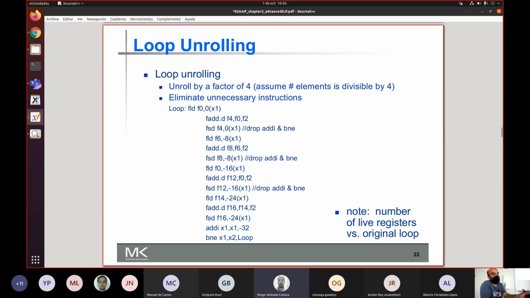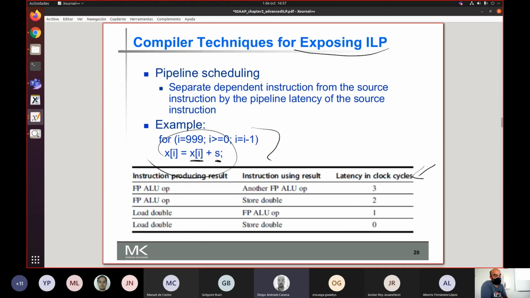Loop unrolling is the idea that if I have this loop, I'm going to rewrite it in a way that in each iteration of the loop, I'm going to process several elements. So for instance, if the unroll factor is 4, I'm going to make a quarter of the iterations of the loop, but in each one of them, I'm going to process 4 different elements of array X.